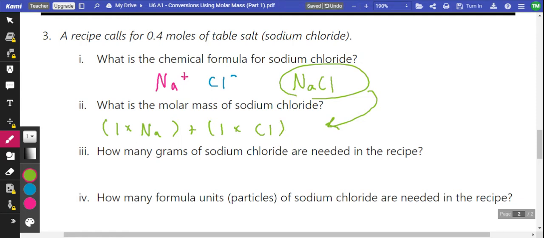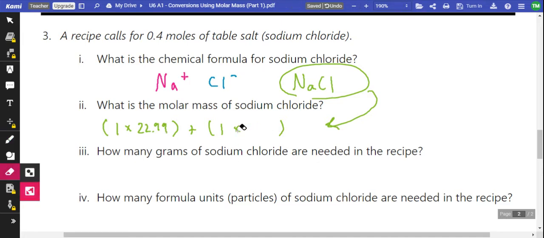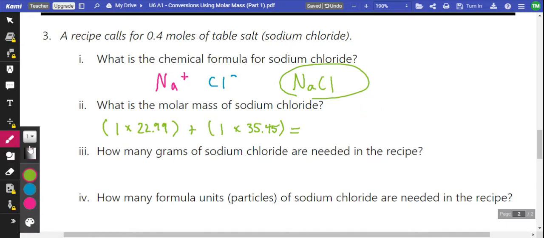So I go find sodium on the periodic table, and it has a molar mass of about 22.99. Our chlorine has a molar mass of about 35.45-ish.